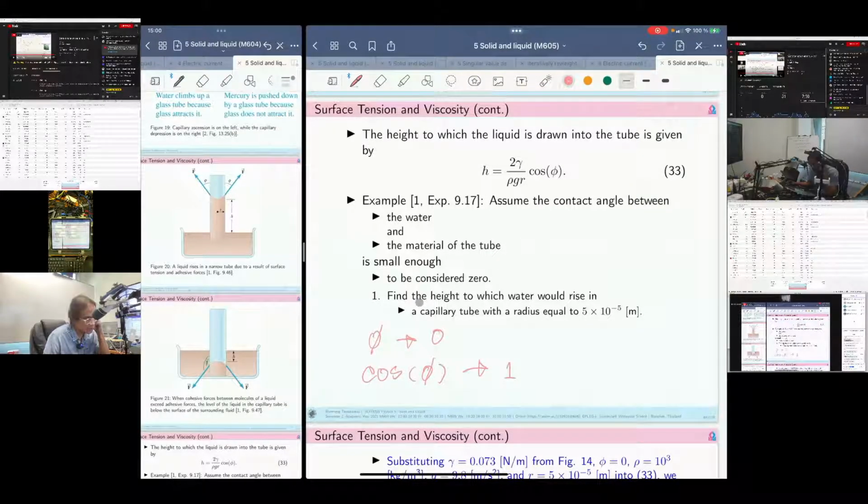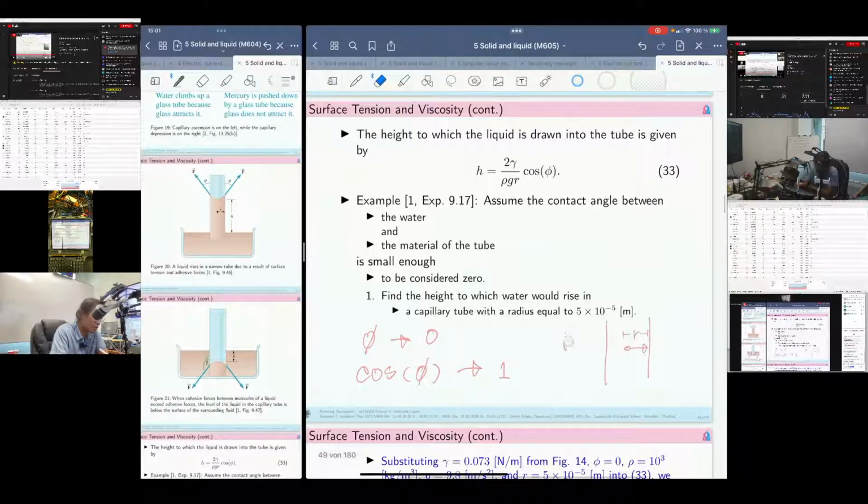Now let's consider the question: find the height to which water would rise in a capillary tube with radius equal to 5 times 10 to the negative 5. So r of the capillary tube, from this point to this one, is 5 times 10 raised to negative 5 meter, right?